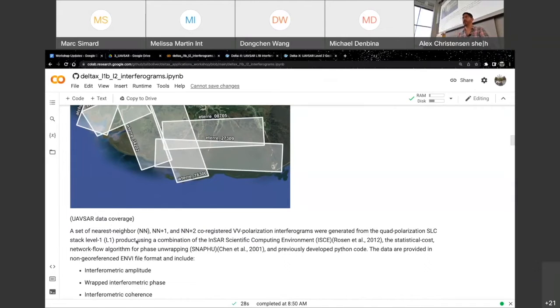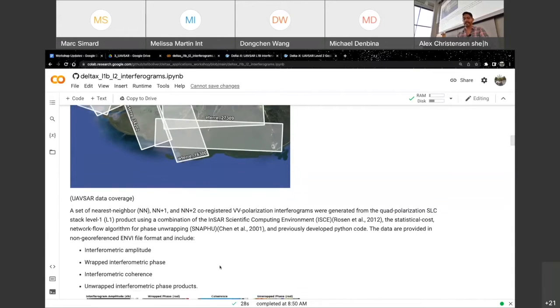So we took the whole set of acquisitions and generated a set of nearest neighbor, which is the closest acquisitions in time, then nearest neighbor plus 1 and plus 2. So one date is related to 2 more dates to generate 3 interferograms that are related to one date. And with this, we then estimate changes in the surface.